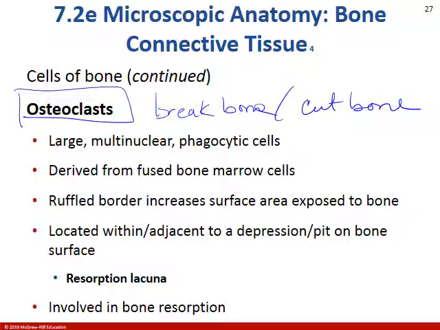And it has this phagocytosis ability, right? The ability to engulf and break down and digest particles. So I'll show you the image in just a second, but this is involved in bone reabsorption. So if I needed to break down bone on a specific area, the osteoclast would be responsible for that. And then your osteoblasts would build bone.